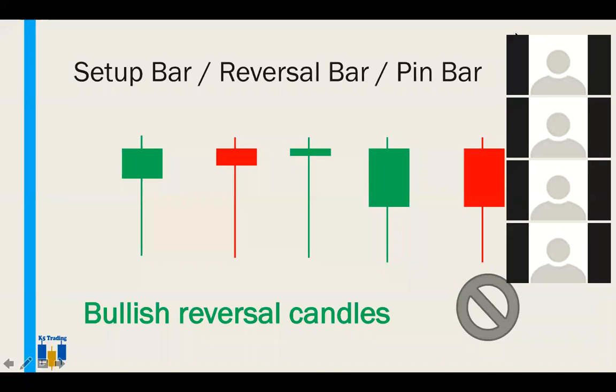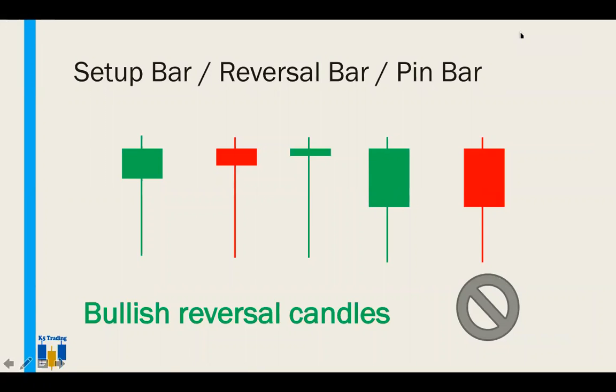Now, these are the bars that are very important for you to understand: the setup bar, or reversal bar, or you can call it a pin bar. When you see this kind of bar at the support, you pay attention because the price will reverse. You can see this is green, this is red.